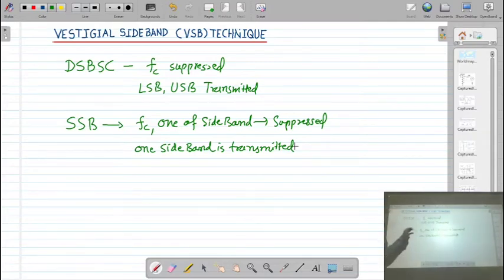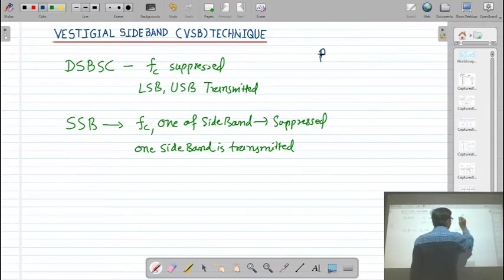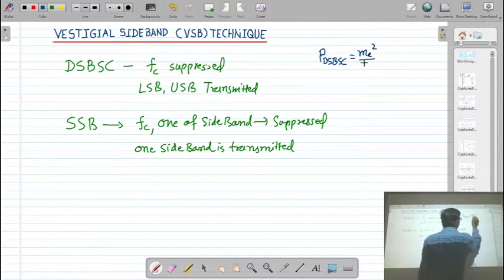So in DSBSC, the carrier frequency is suppressed, but both the sidebands, the upper sideband and the lower sideband frequency, are going to be transmitted. And in that case, if you calculate the power, then the power of this DSBSC is given as Ma squared by 2 into Pc.